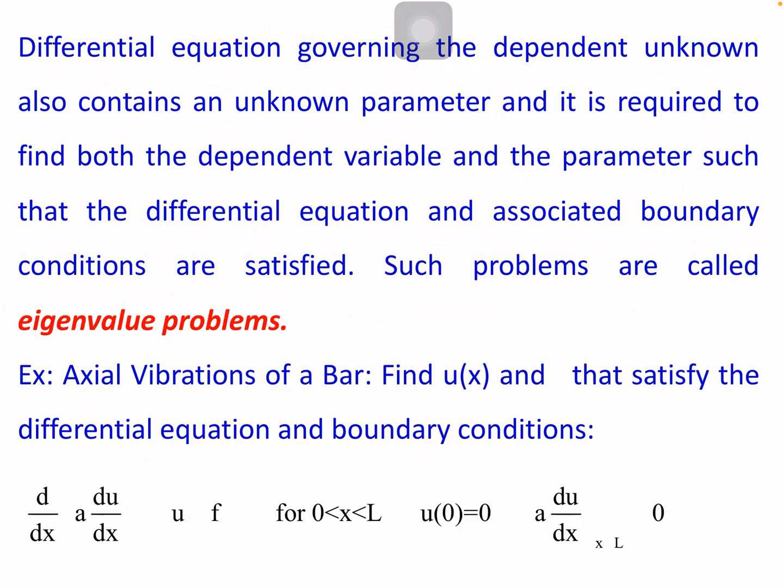That unknown parameter is required to be found in such a way that the differential equation and associated boundary conditions are satisfied, right? Like in our buckling problem or vibration problem. So what we are involved with are called eigenvalue problems.